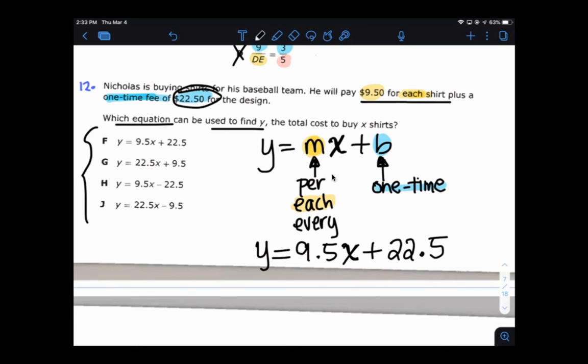So if I look at the answer choices, which one looks like this? I think it's this one, right there. Because this one has the numbers switched, if you noticed. This one has a subtraction, which makes it wrong, and this one also has a subtraction, and it has them switched. So the correct answer is letter F. There. Just pay attention to the keywords.